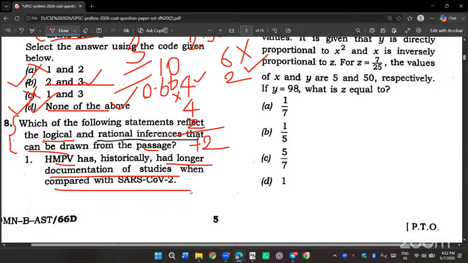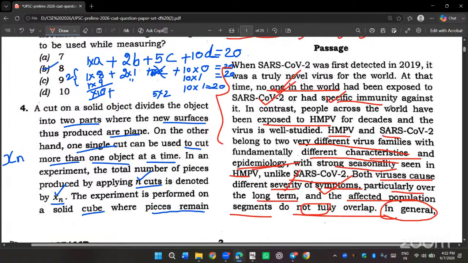From the passage we studied. After studying this passage, I come to the conclusion that the word well studied means in medicine we have made documentation. For COVID, we have created documentation. Next time, if we are affected, then we can easily deal with it in a better way in future.